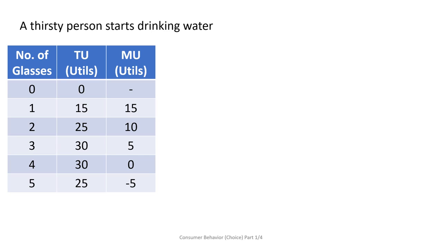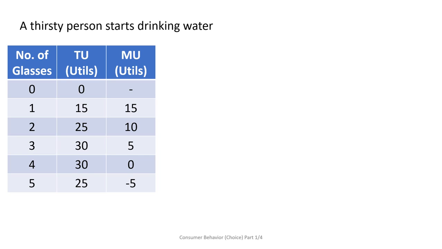So we assume his utility increased from 15 to 25. Similarly, on the third glass, he also received some utility. Say the total utility reached 30.